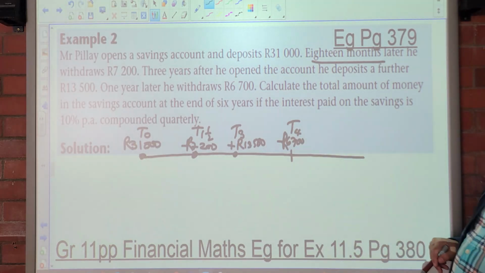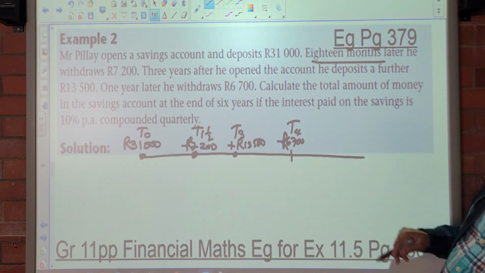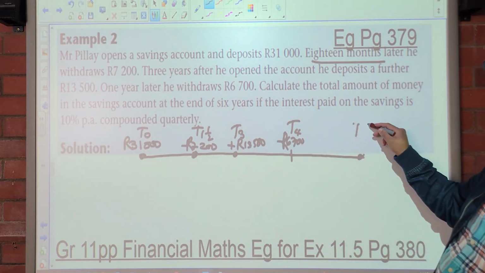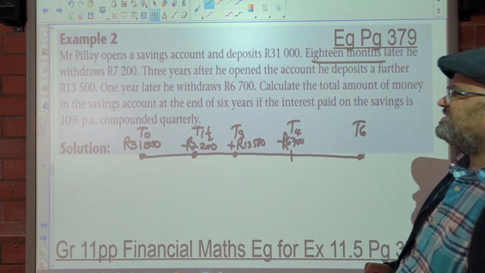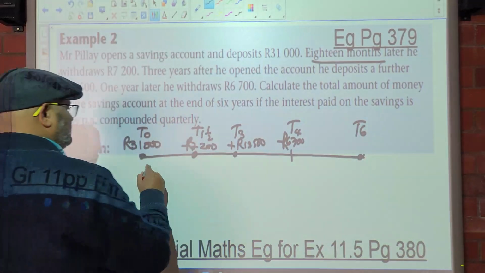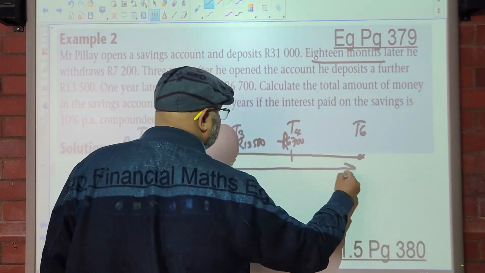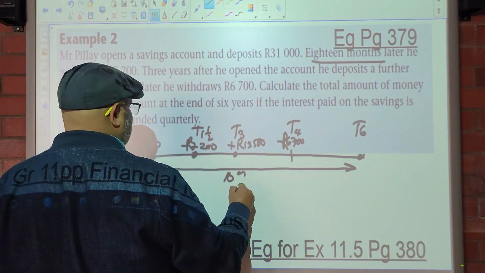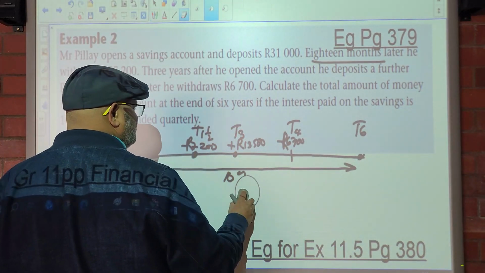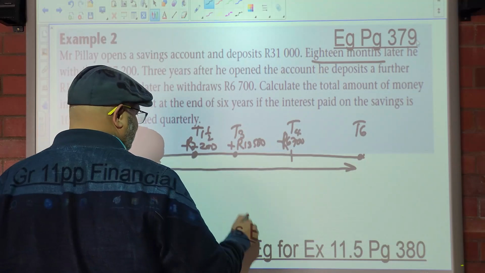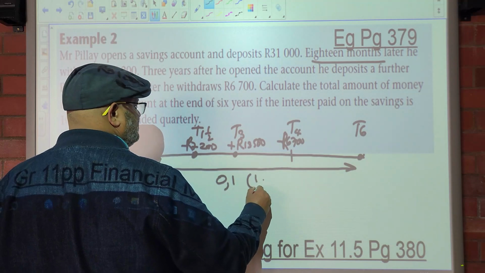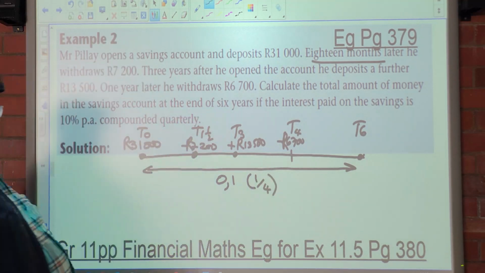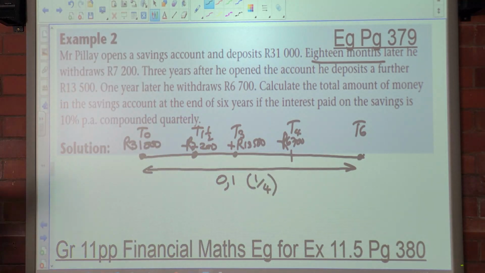Calculate the total amount of money in the savings account at the end of 6 years, if the interest paid on the savings is 10% per annum compounded quarterly. So it's a flat interest rate of 10% per annum, so 0.1, sorry. Compounded quarterly, so it's 1 over 4.